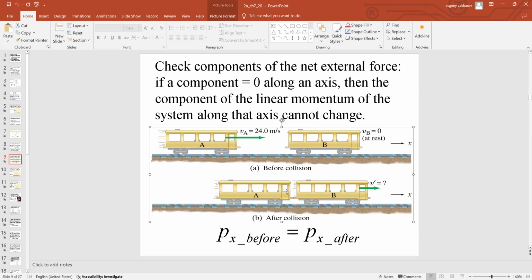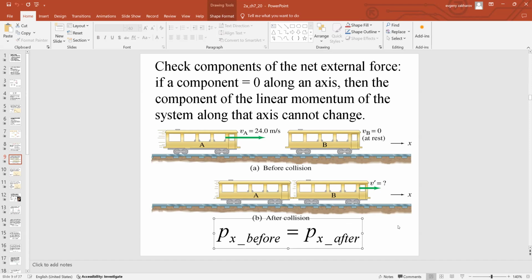And the way you say what's going on before and after collision, you say P sub x before is P sub x after. Because there is a collision, momentum is conserved. And in order to solve for the final speed when they couple together and move in that direction, you state that the momentum in the x direction must be conserved.